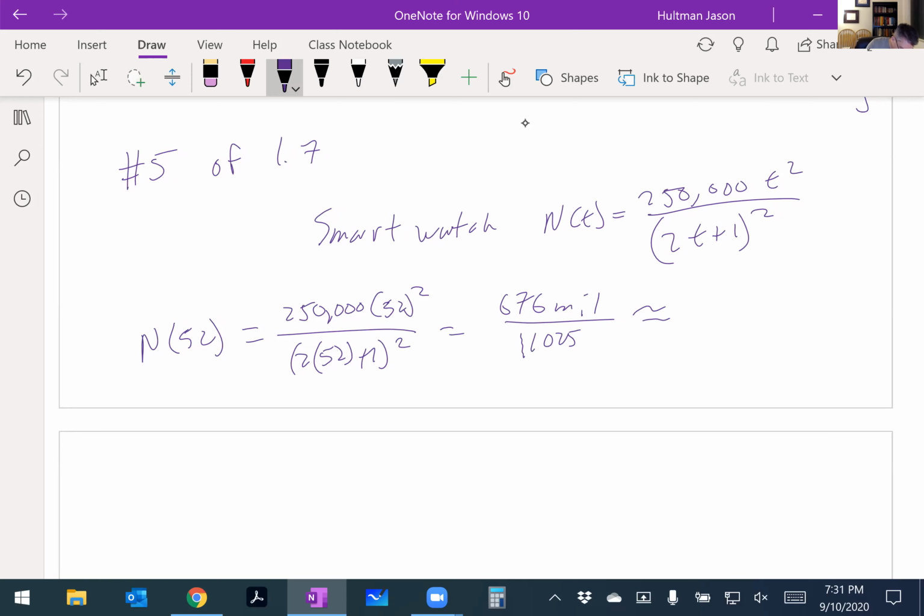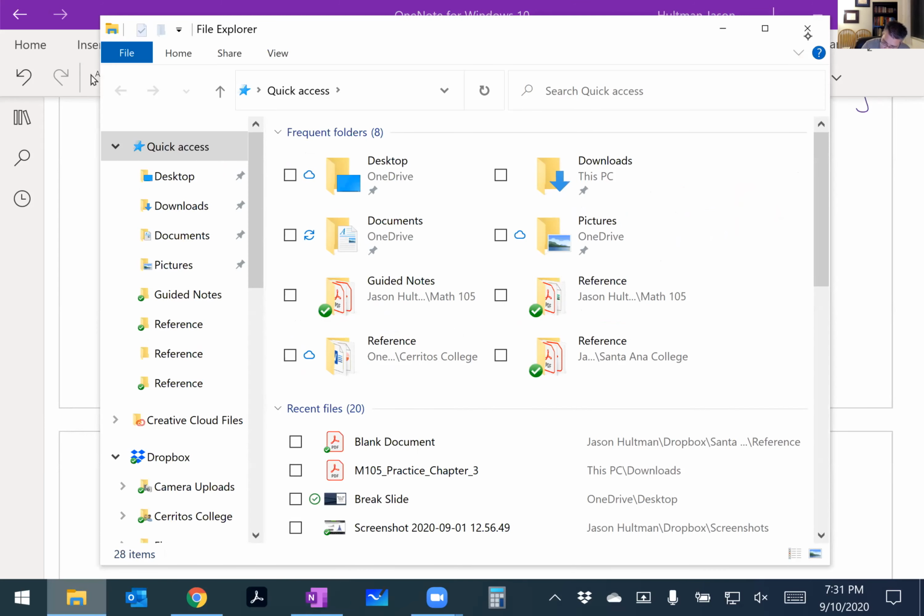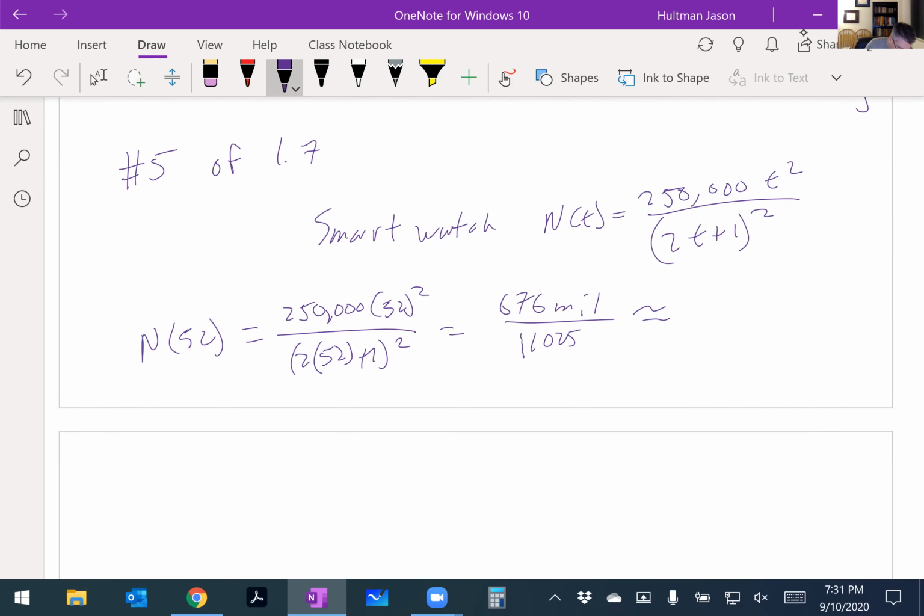Let me take this number and divide it by this number. Okay, which is approximately 61,315 smartwatches. Are those sold in the 52nd week?